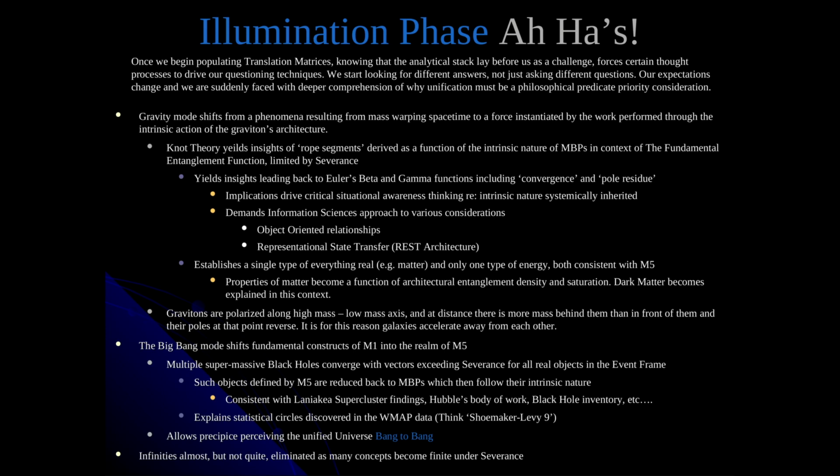What happens when you realize that is you suddenly realize Euler's gamma and beta functions in articulating convergence issues relative to knot theory and pole residues that result out of that.